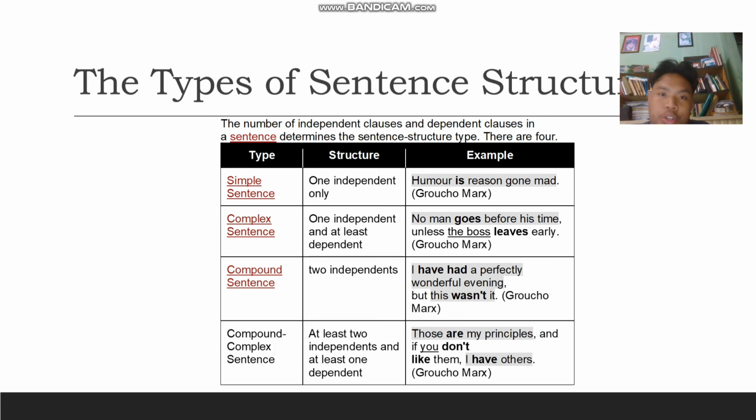And when used to head an adjective dependent clause, which and who are relative pronouns. Such clauses are often called relative clauses. Remember that this rule doesn't apply only to who and which. It applies to any relative pronoun.